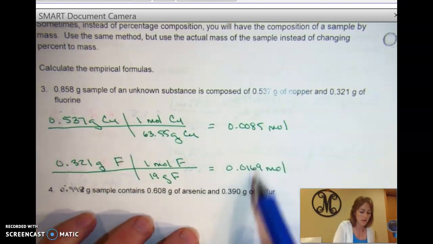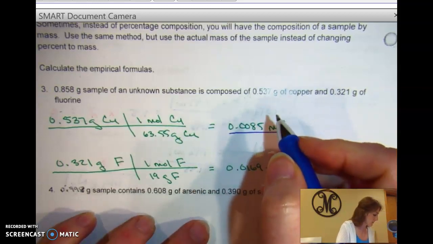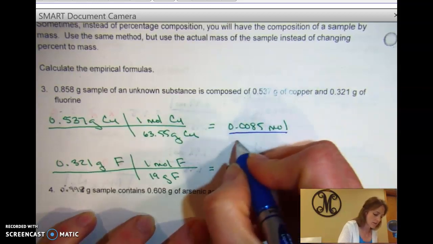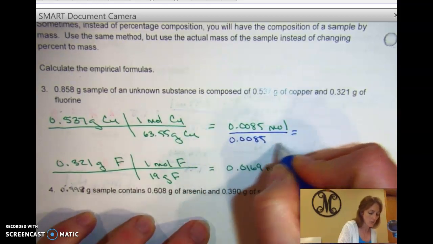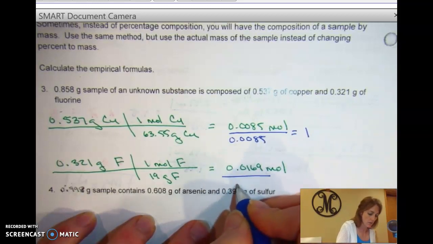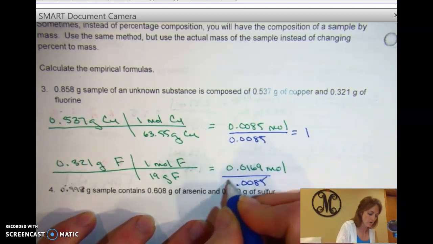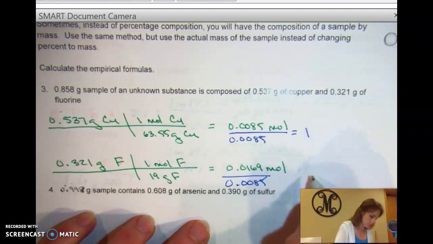Okay, so we did mass to moles. Now divide by small. Pick the smallest number here. So the 0.0085. Well, we're going to get 1. And when we divide this by 0.0085, you're going to get 2.